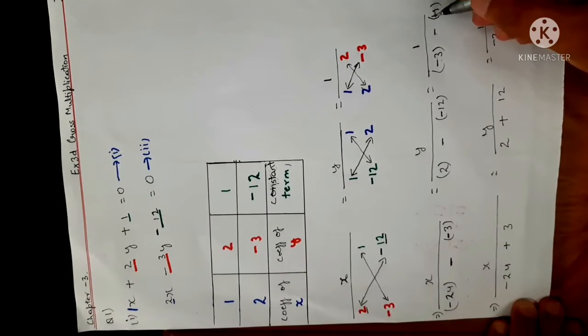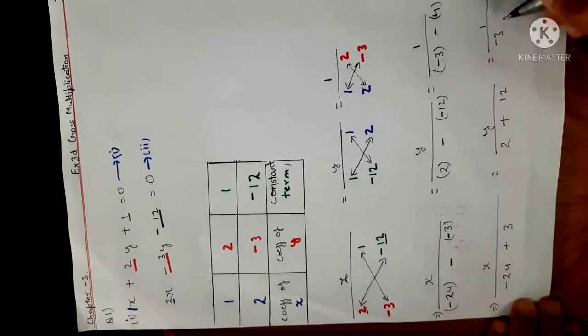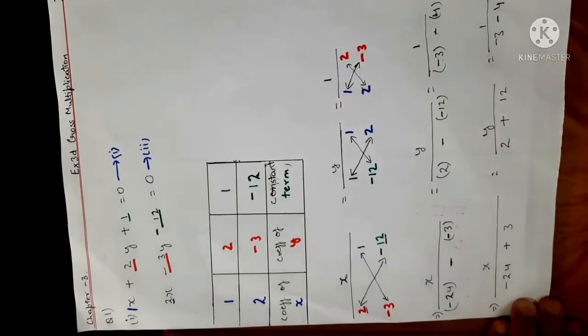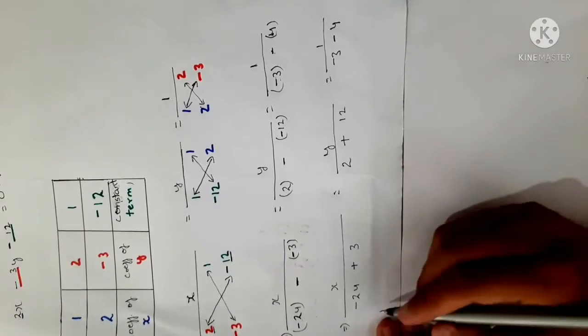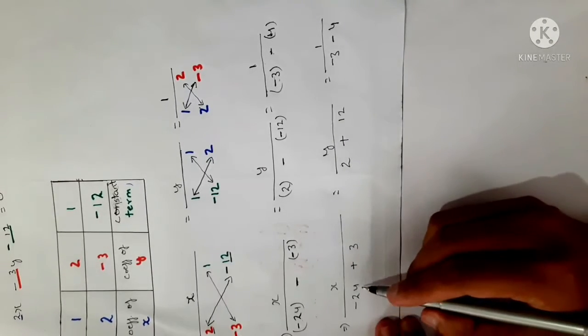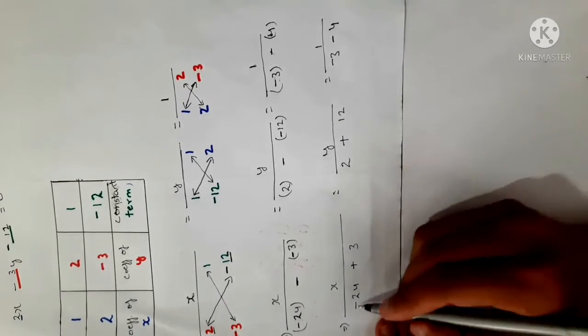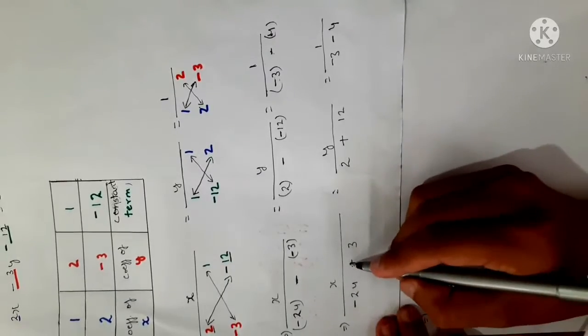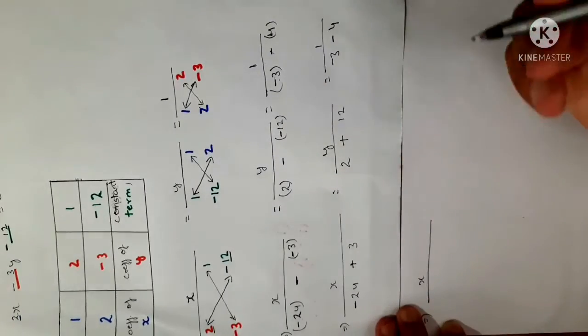Since there is no sign written in front of the number, it is always plus. Simplifying further, we have x by minus 24 plus 3. Minus plus is minus.